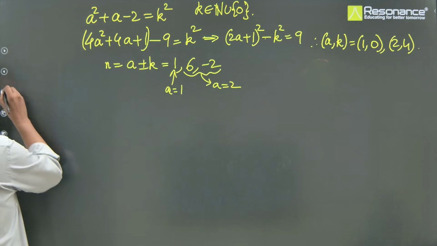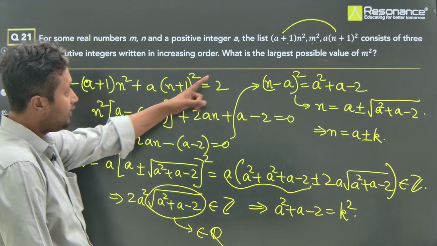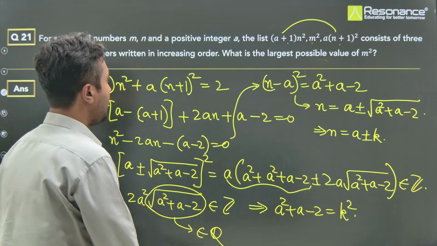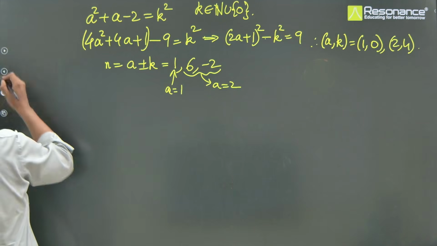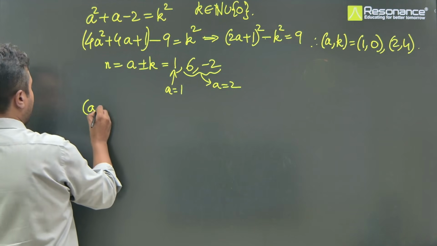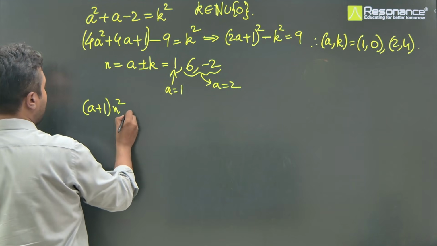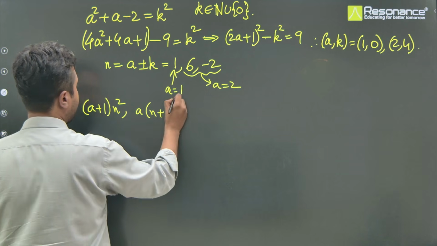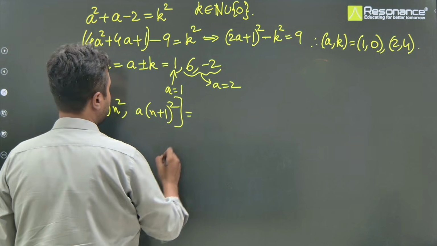Now what do we need to really work out? We need to look at these two numbers and m square would be the middle number in that case. So a plus 1 into n square and a into n plus 1 whole square. Let's take a look at these two numbers.